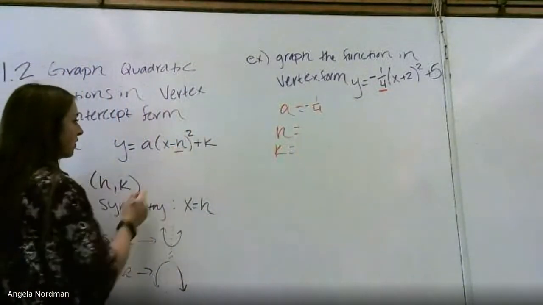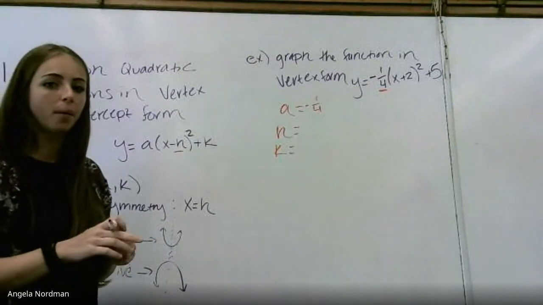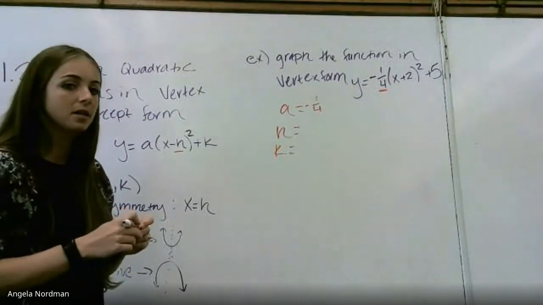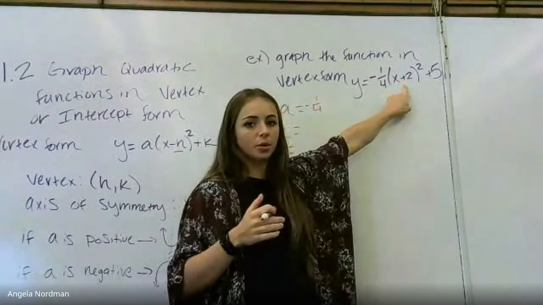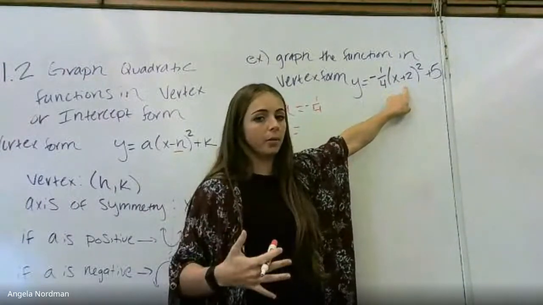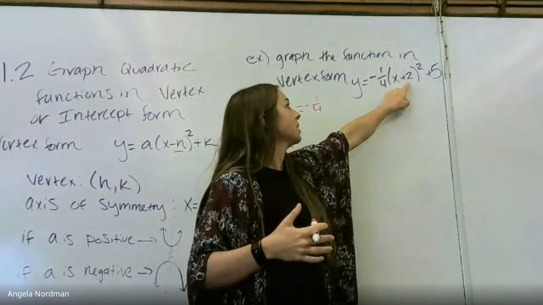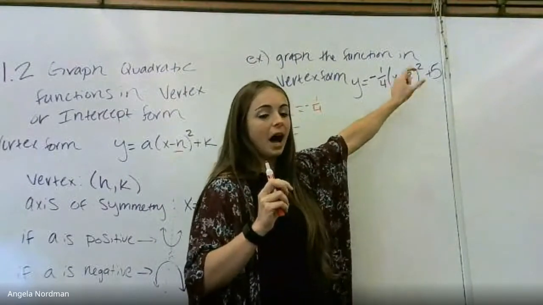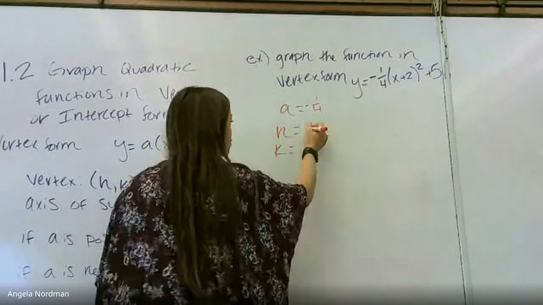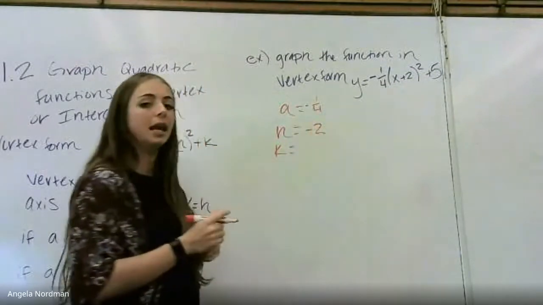H is right there getting subtracted from my x. So now I have an x plus 2. What did we just talk about with h's? If I'm claiming that this h value would be positive 2, I take the opposite of it. My h is actually negative.